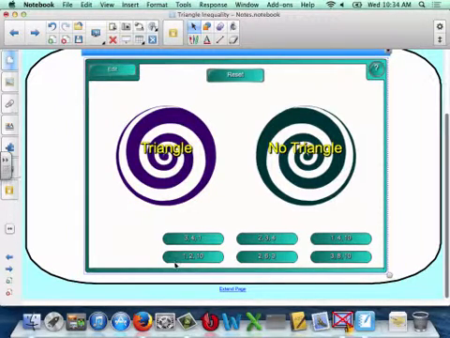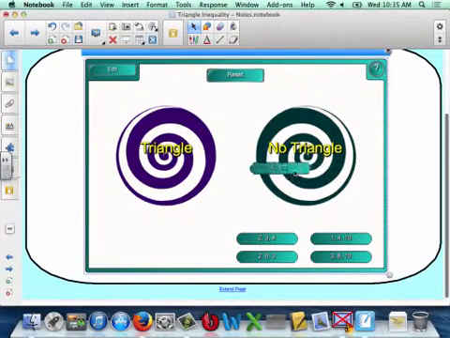So Michaela, 1, 2, and 10. No. Not a triangle. Very good. Keenan, 3, 4, and 1. That is not a triangle. All right, Sage, 2, 3, 4.